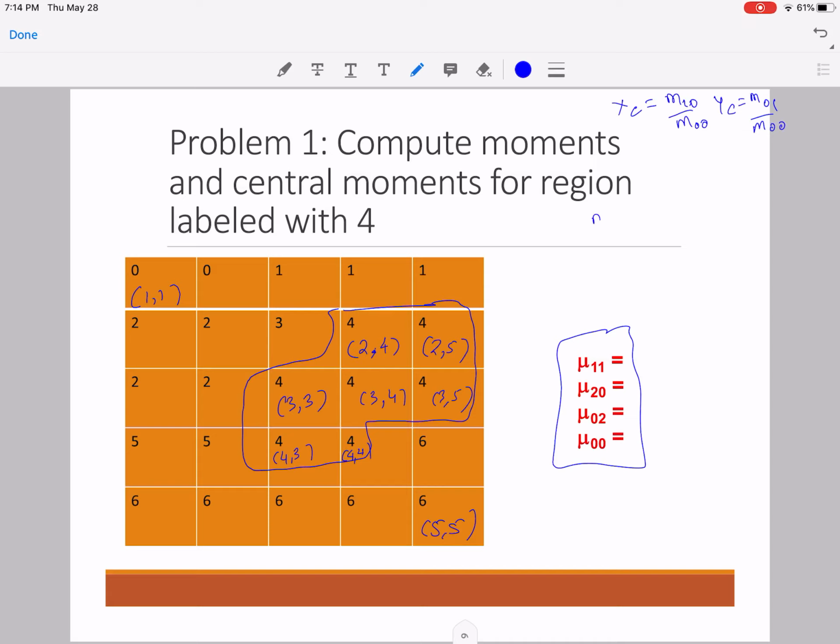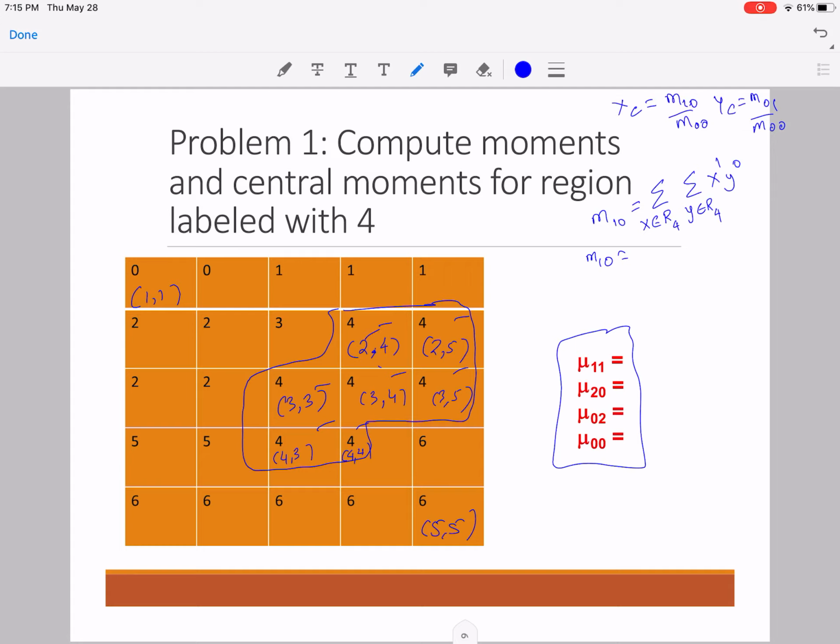So to calculate m10, I need to perform summation for all the values of x in the region that have label equal to 4, summation y for all the region that have label equal to 4. I need to perform x to the 1 times y to the 0. So these are the locations where the label is equal to 4. To calculate m10, I'm going to add the x values for all these locations.